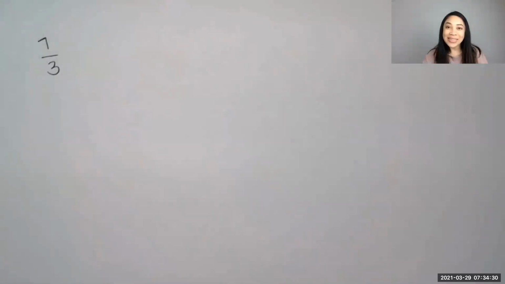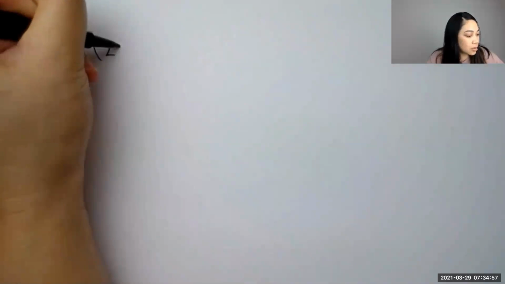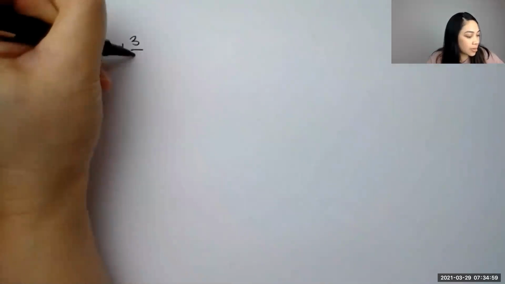Our next fraction is 7/3. Think, how many groups of 3/3 are in 7/3? If you need to, count by 3/3 on your fingers. There are 2 groups of thirds in 7/3. We can write 2 groups of 3/3 as 2 times 3/3.